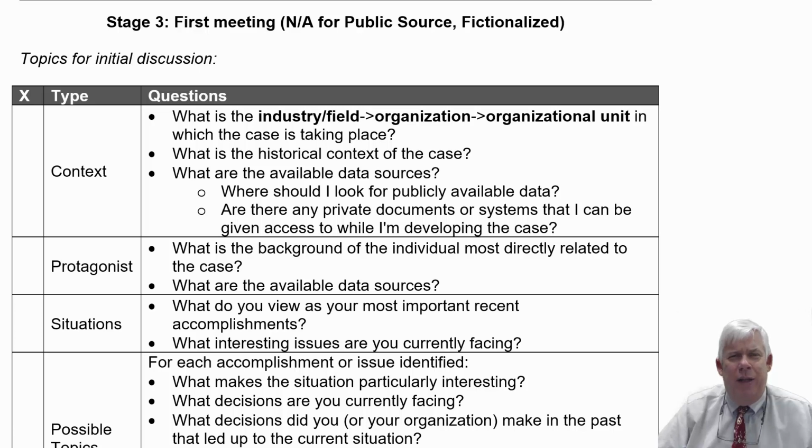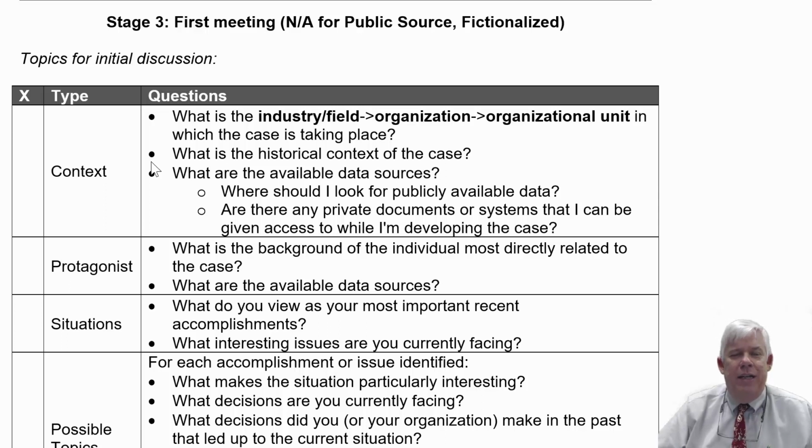But right now, when you're developing a research case, your focus is likely to be on just getting a feel. So some of the things that you might raise is, first off, get the individuals that you're talking with to give you a little bit more sense of the industry that the organization participates in, where the organization fits in that particular industry, and if you're dealing with a specific unit within the organization, where that unit fits within the organization.